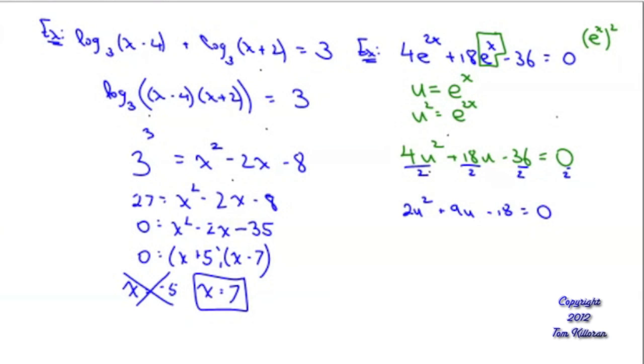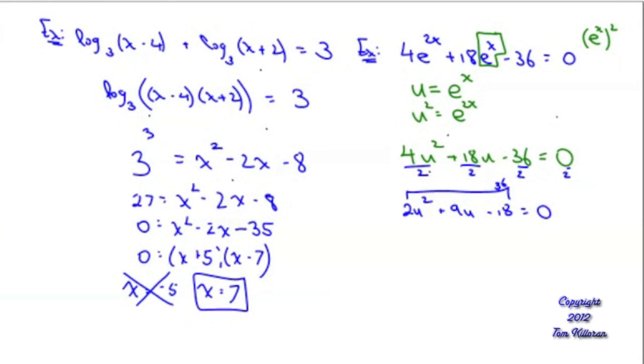Now, you can use the quadratic formula if you so desire, but I highly suggest you try factoring first. 2 times 18? 36. Are there factors of 36 that subtract up to 9? I don't know. It should be.